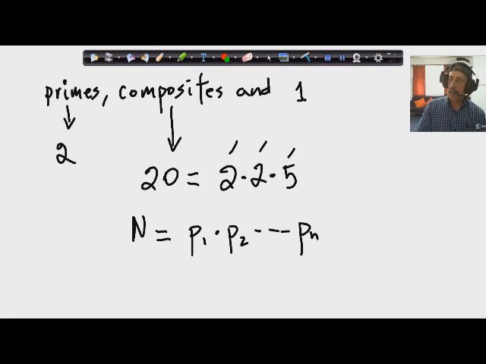Number one, every prime in the decomposition of an integer is also a divisor of that integer. Being a factor or being a divisor is exactly the same thing.